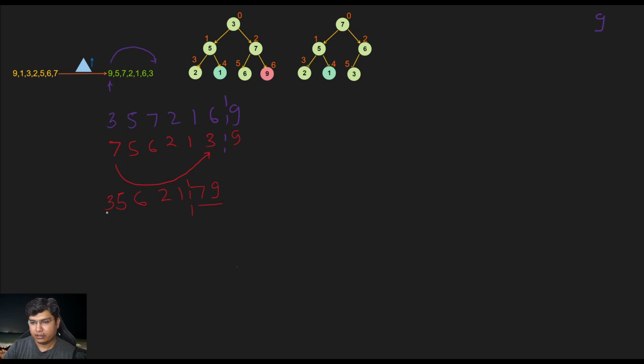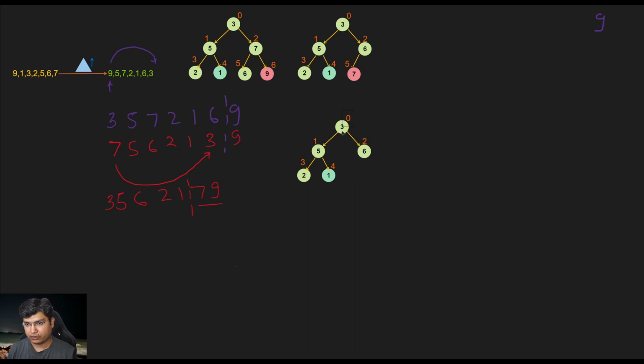Okay, now let's see how the tree looks. What operation have we done? We have swapped 7 with 3. So 7 has come here and 3 has gone up. Now I don't want to consider this anymore in my heap. Now I call max heapify again on the 0th index, and we do the comparisons in the same way as we did earlier.